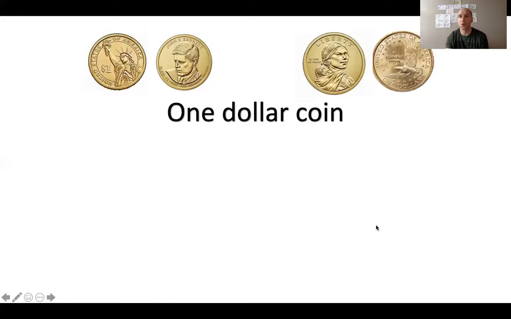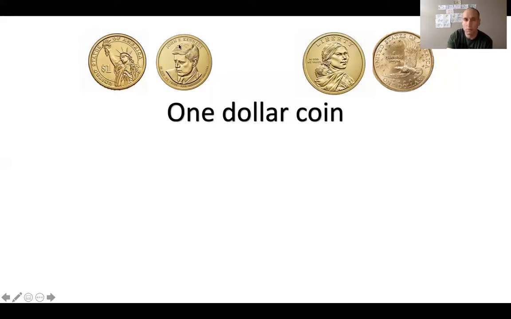Now our next coin, boys and girls, what we have here, this is the dollar coin. All right, the gold coin, this is a dollar coin. Easy to tell. They're gold, okay? And they can be different too. Some dollar coins will have the Statue of Liberty, and it'll say $1. And it will also have a president.